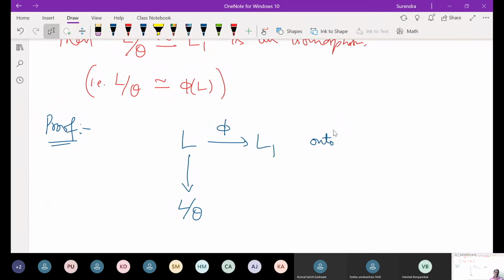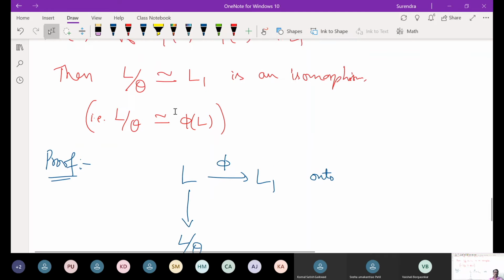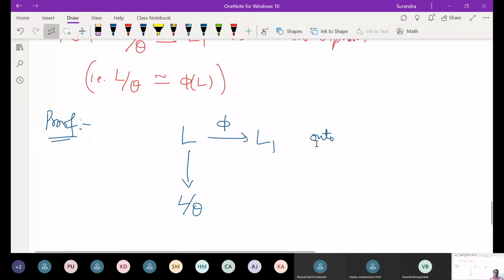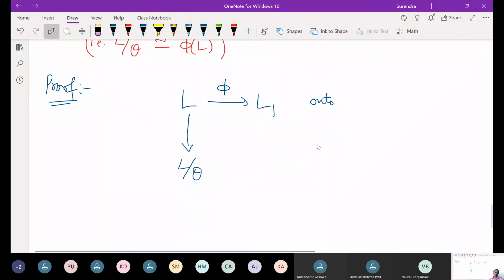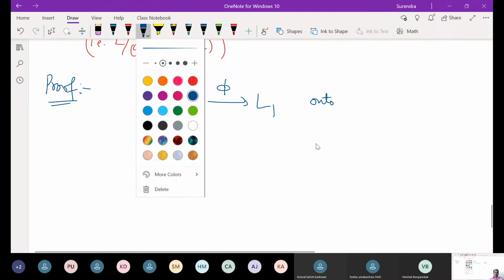Now what we require is an isomorphism from L modulo theta to L1. That means somehow we should get a map, so I can use a different color so that we can understand.